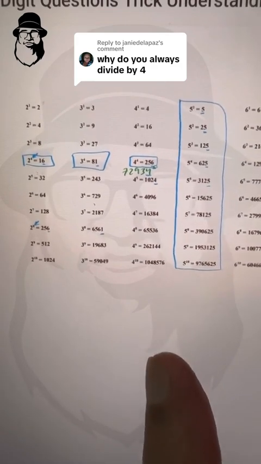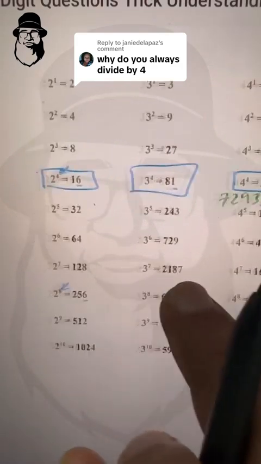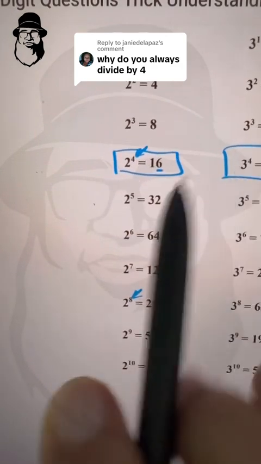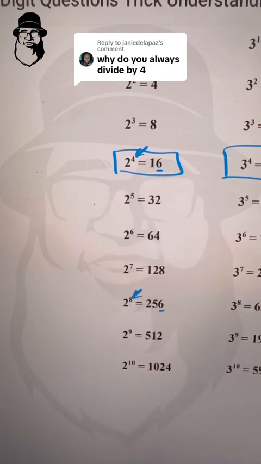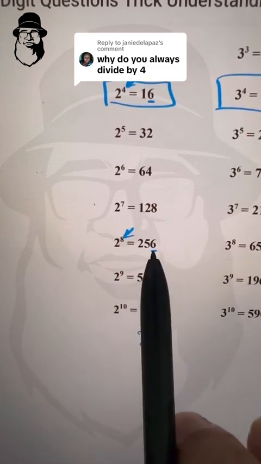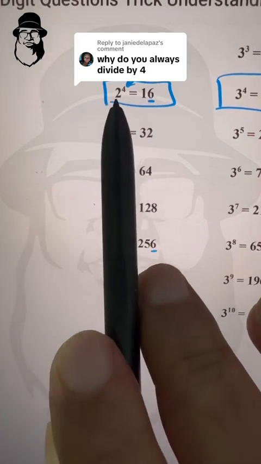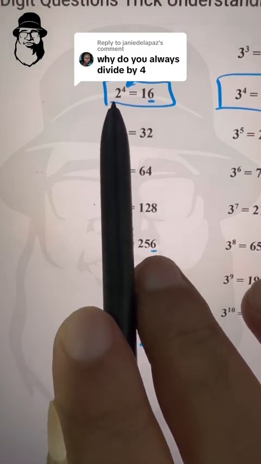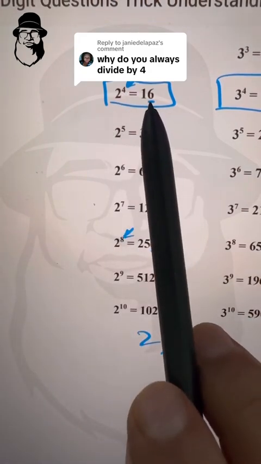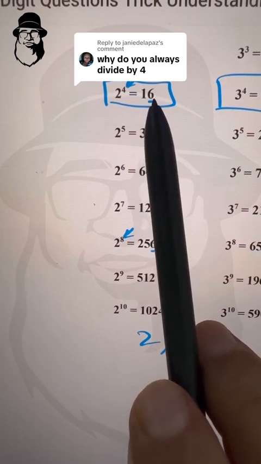What is that? If the units digit of the number here is 2, let's write 2 here, and here we have 6, right? Always when the units digit of the number is 2 and the power is divisible by 4, the units digit of the answer will be 6.